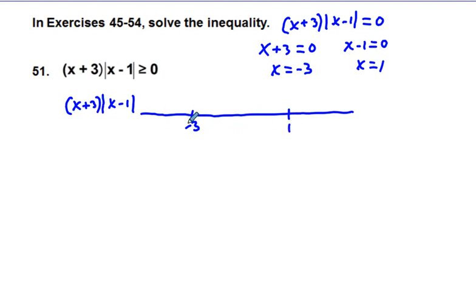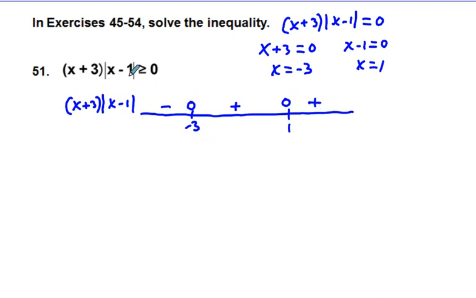If we have a number less than -3, we're going to have a negative times a positive, so we'll have negative, and at -3 we have a value of 0. Between -3 and 1, say we plug in 0, we'll have a positive times a positive. This absolute value of x minus 1 is always going to be positive where it's not 0. So we have positive here, and then at 1 our value is going to be 0, and then for greater than 1 we're going to have positive there too.